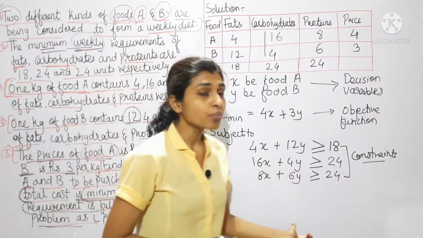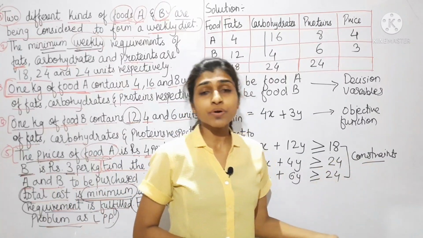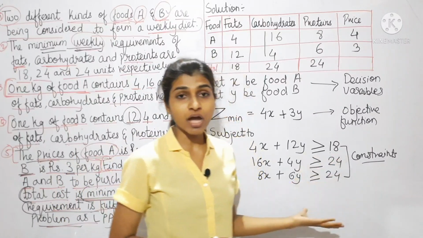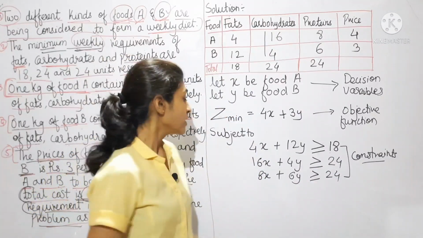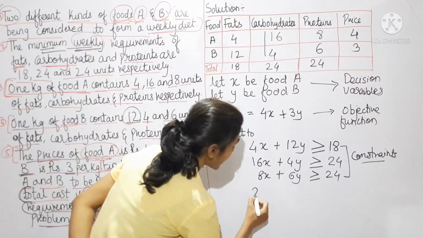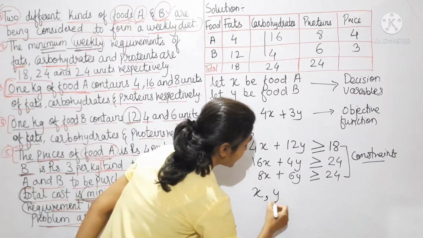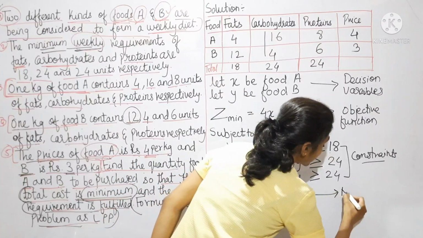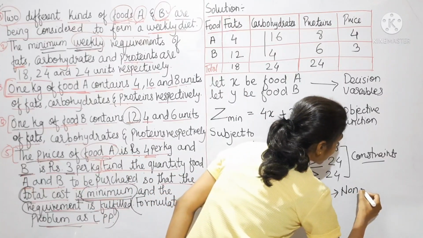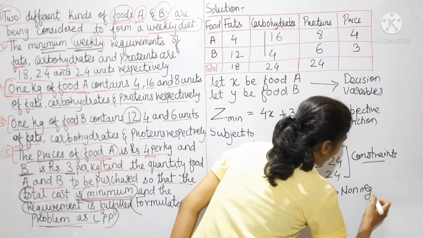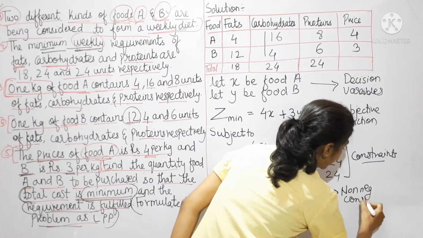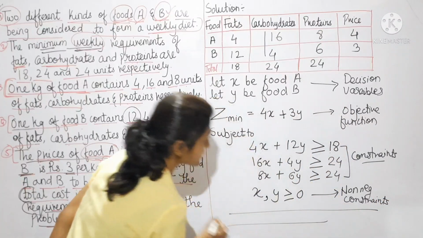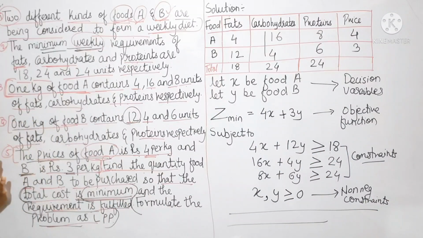Because you cannot take proteins, fats and carbohydrates in negative numbers. So x, y greater than or equal to 0 is your non-negativity constraint. This is the answer for this problem.